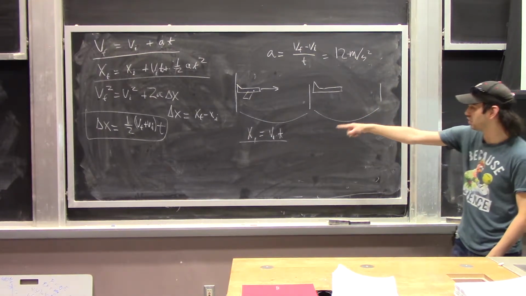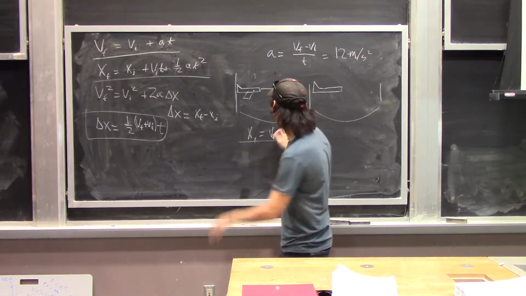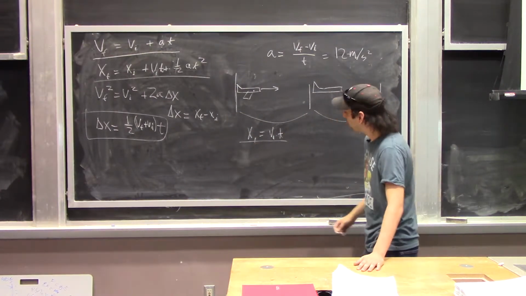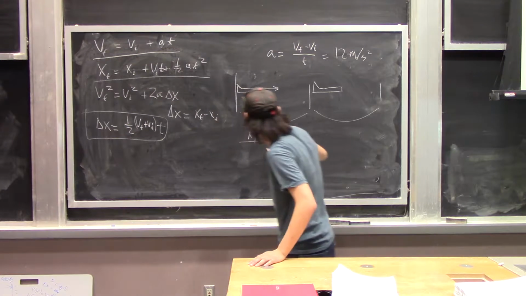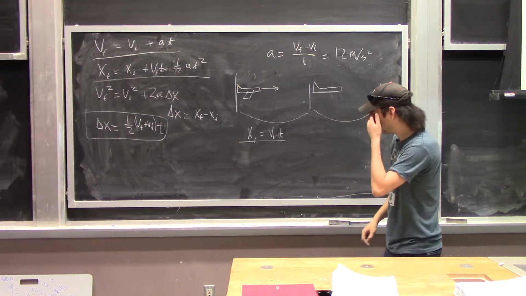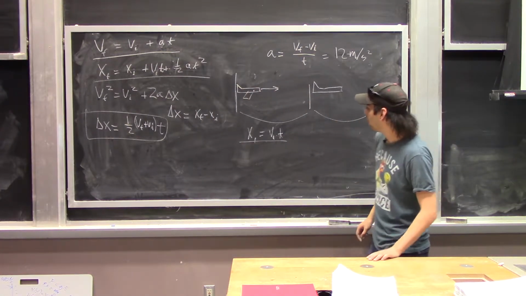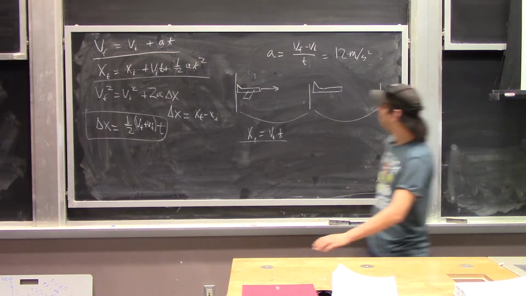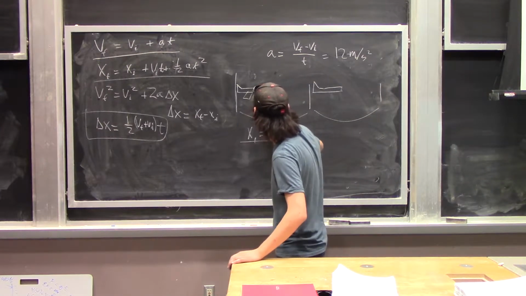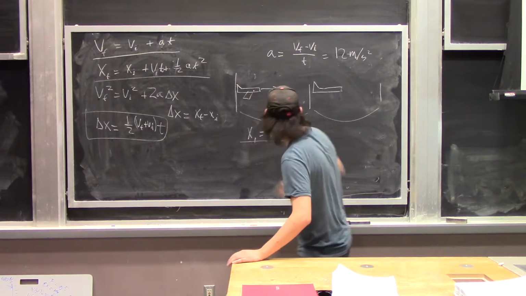We can find this distance by just multiplying the velocity by the time that it has that velocity. I don't know if my answer is right, so you can do that to find this distance x1.